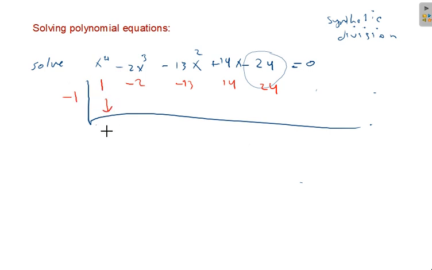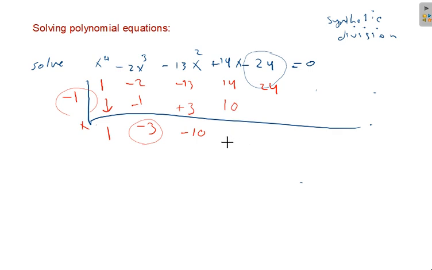Now take this down. Minus 1 multiplied with 1 equals minus 1. Now minus 2 minus 1 equals minus 3. Minus 3 multiplied by minus 1 gives us plus 3. Minus 13 plus 3 gives us minus 10, multiplied with minus 1 gives us 10.